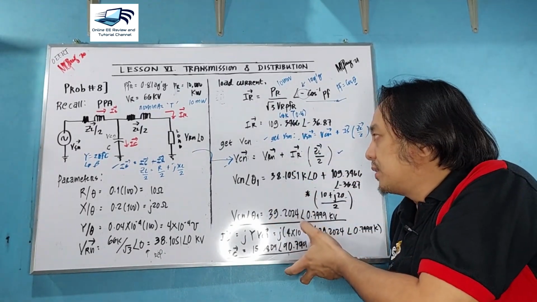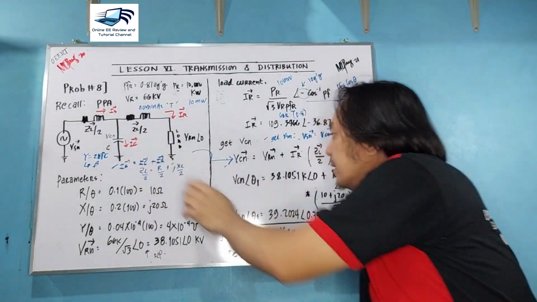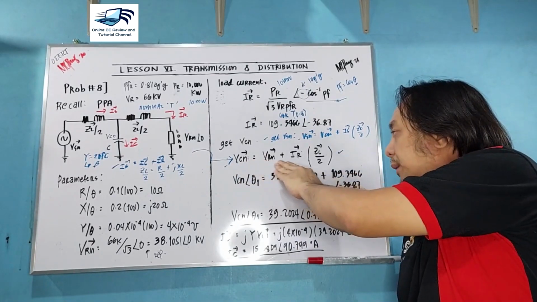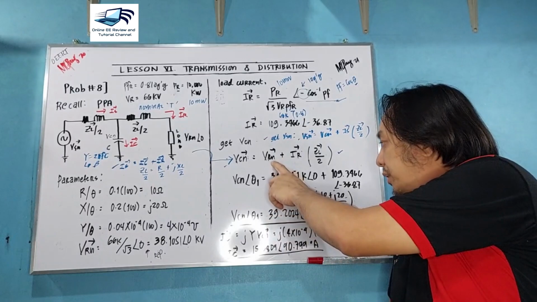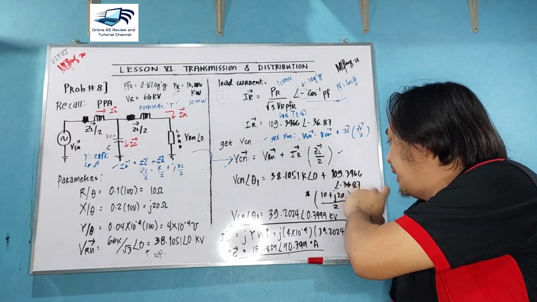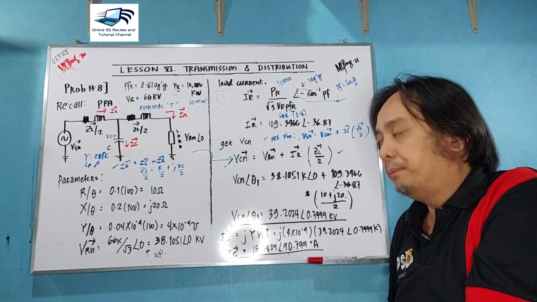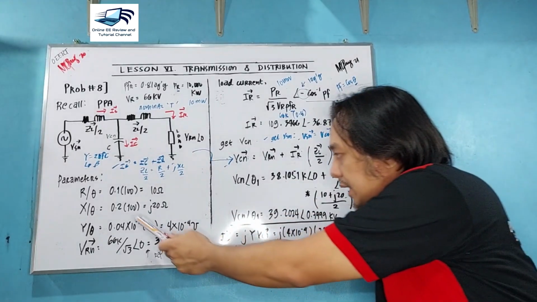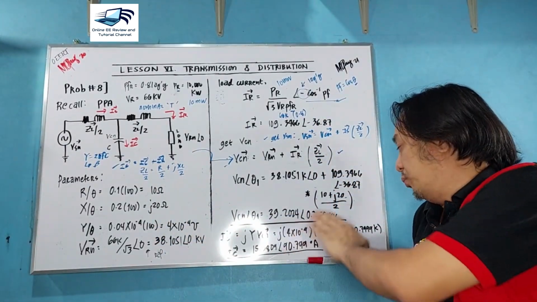As we have discussed, we need to get VCN first so that we can get IC. For that, VCN is VRN plus IR ZL all over 2. All of the parameters are already given. So VRN is 38.105 kV ∠ 0 plus 109.34 ∠ -36.7. Please take note, you have your ZL, 10 plus j20, and don't forget to divide it by 2.